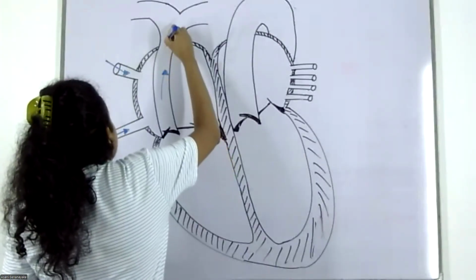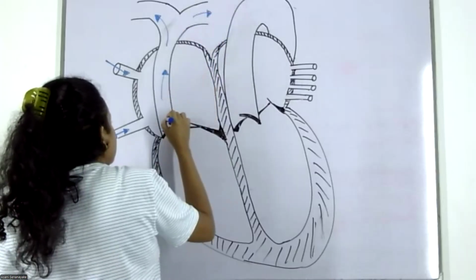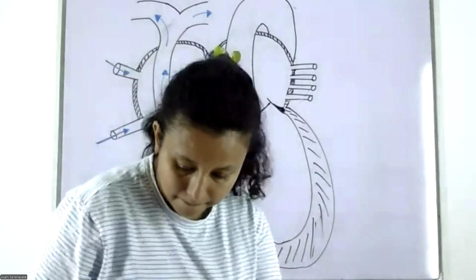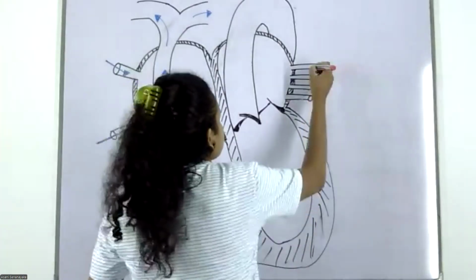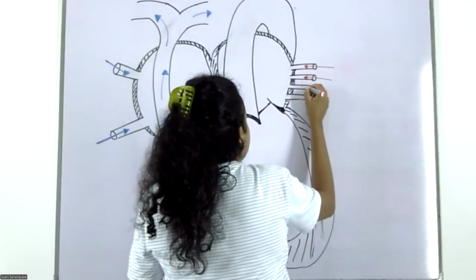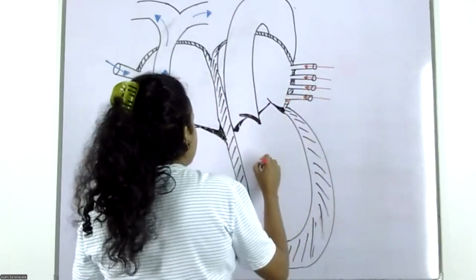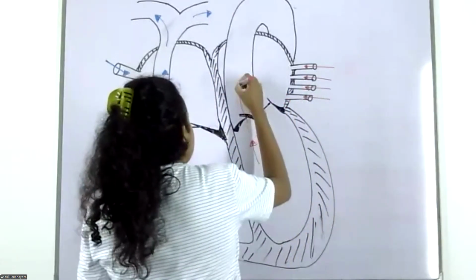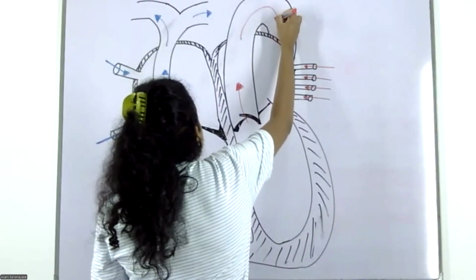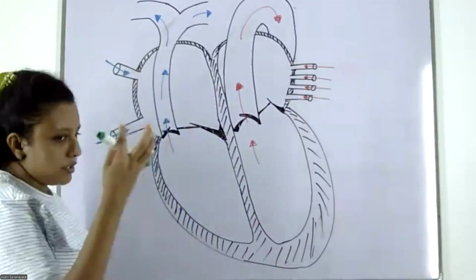We draw this arrow, so use the same colors given to you. I label the parts of the heart with green color.